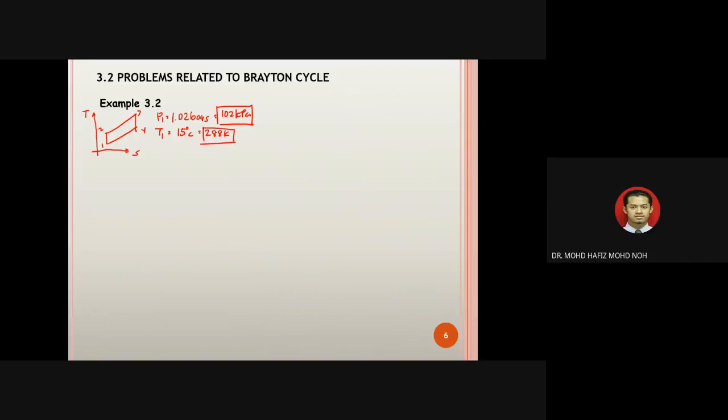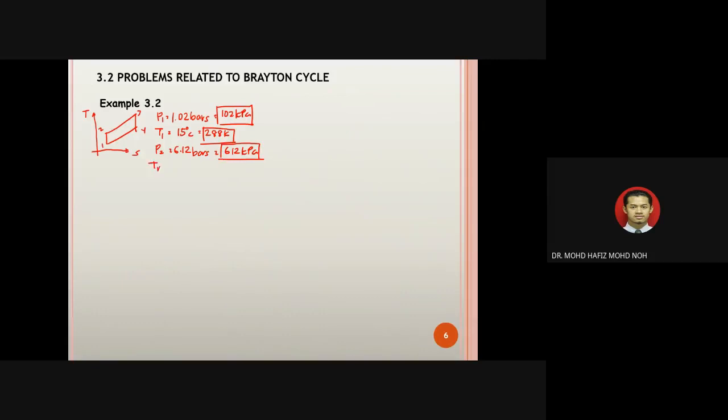Okay, clear? And then they also give you the value of P2. So P2 is equal to 6.12 bars, which means 612 kilopascal. And then they give you the value of T maximum.